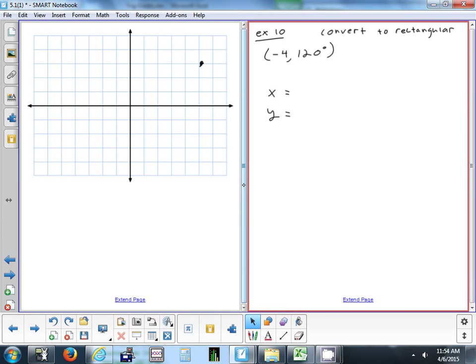All right, so anytime you're going to convert from polar to rectangular, you need 2 formulas. One for x, one for y. Anybody think they can tell me, you don't have to give me the final answer, just what's my formula for x? Jordan? R cosine theta. Okay, so in this case, can you fill in r and theta for me? -4 cosine 120.